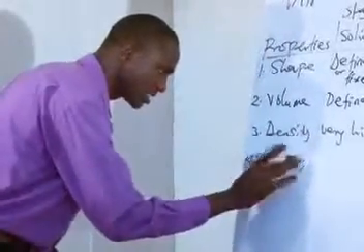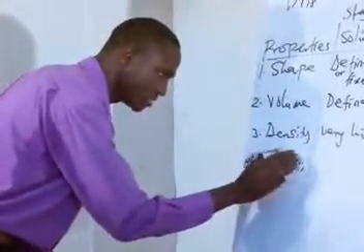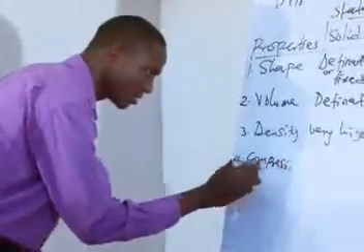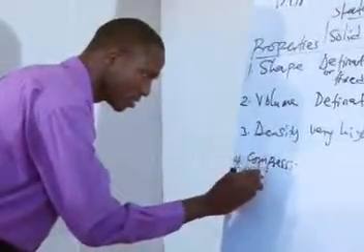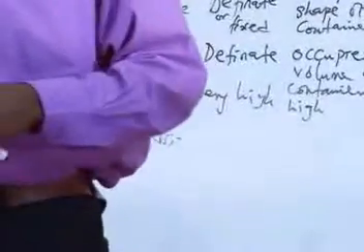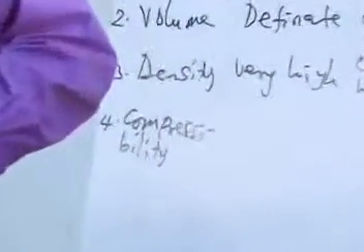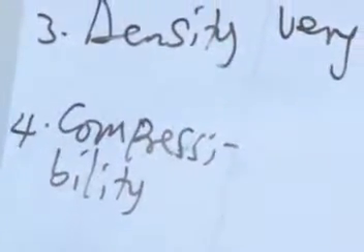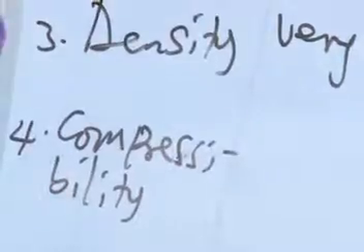Compressibility by definition means the change in the volume of a material with respect to pressure change, be it an increase or decrease in pressure. When you apply too much pressure on a substance, you expect the volume to change appreciably. That is what we mean by compressibility. In terms of compressibility, solids are incompressible.